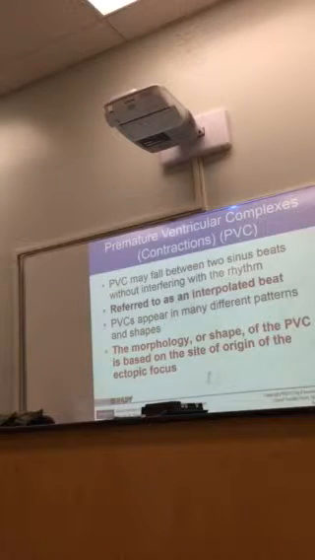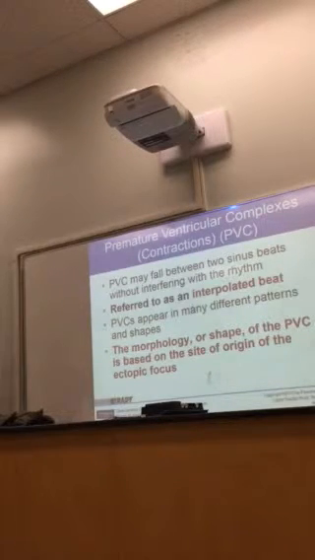PVCs may fall between two sinus beats without interfering with the rhythm, referred to as an interpolated beat. PVCs appear in many different patterns and shapes. The morphology or shape of the PVC is based on the site of origin of the ectopic focus. Those were uniform in shape.